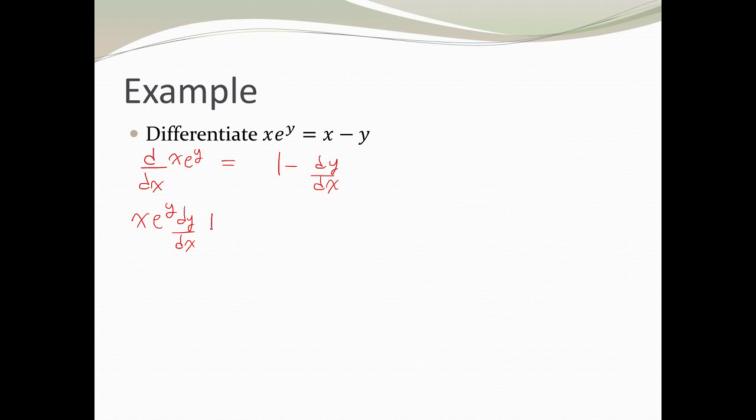Then we add to it e to the y times the derivative of x, which is just 1, equals 1 minus dy dx.